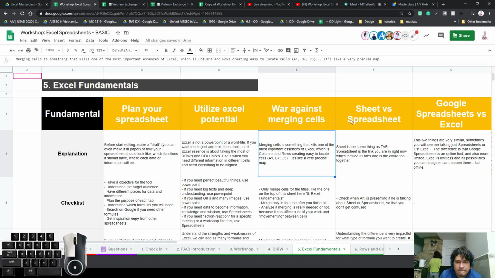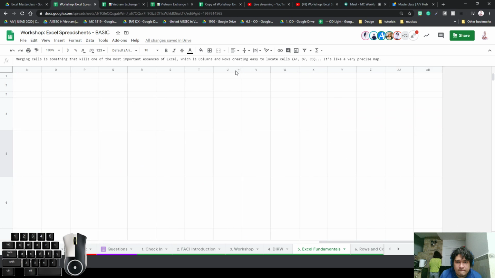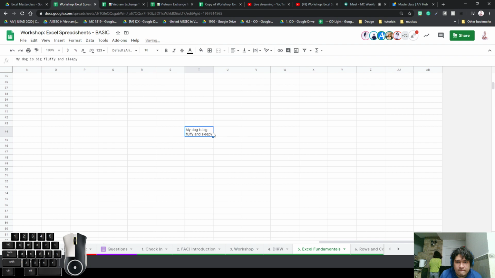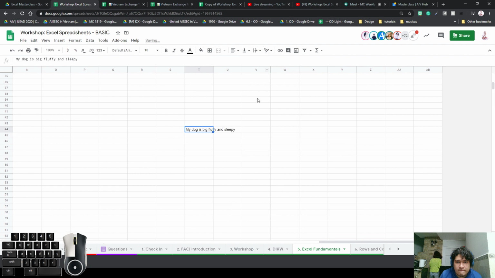Sometimes, for example, I see people that, let me go here to make an example, want to write: my dog is big, fluffy, and sleepy. And then, for example, what do they see? They see this. Wow, my text is transgressing the cell. The text is too big to fit in one cell. So then what they do is this. They merge. But that's not good.